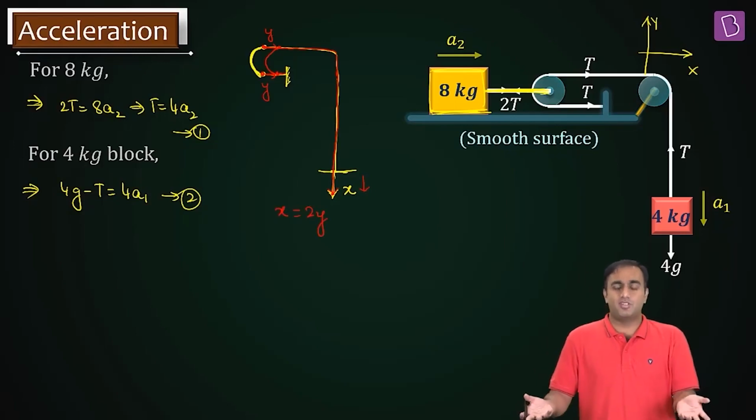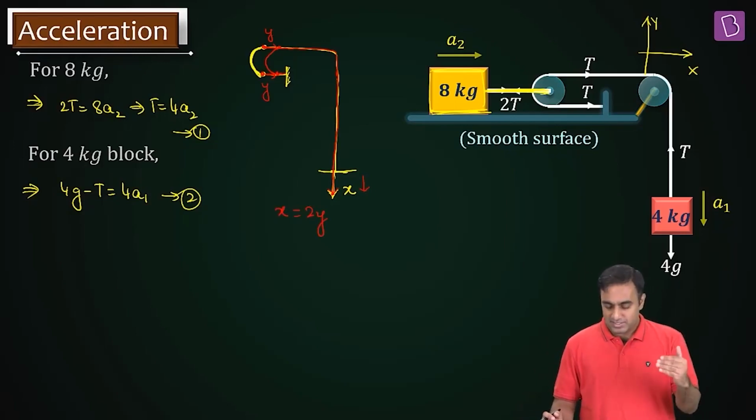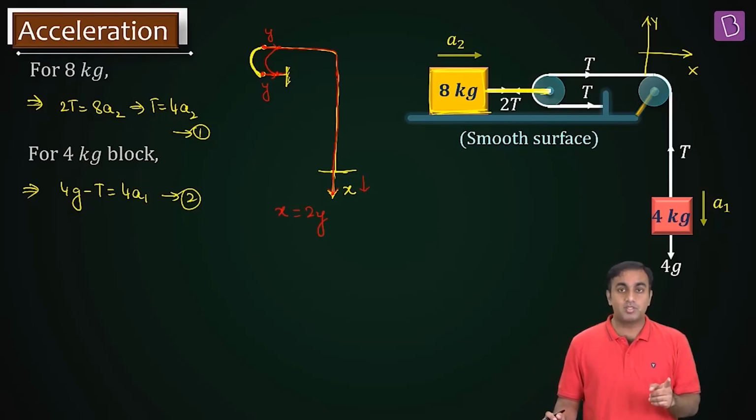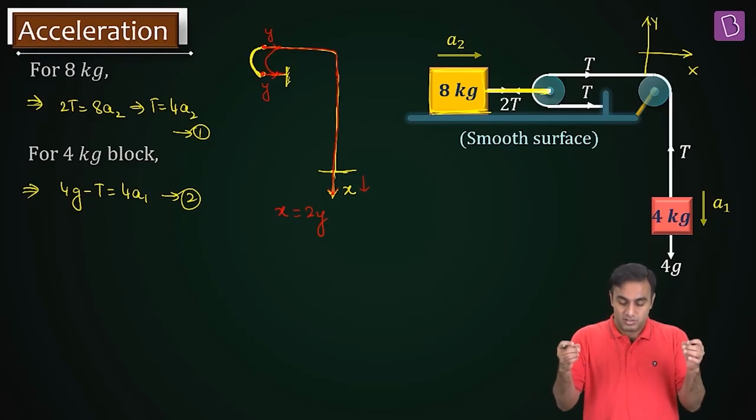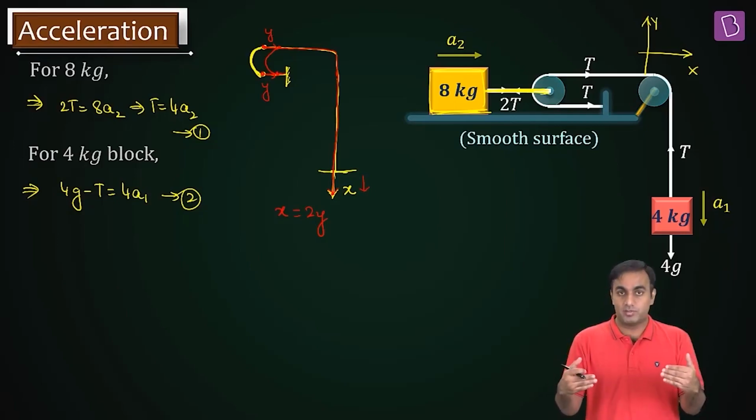How is this helpful? Simple. x is the distance moved by the 4 kg block and y is the distance moved by the movable pulley. The movable pulley and 8 kg block are connected by a string. So the distance moved by the movable pulley is also the distance moved by the 8 kg block. So we have got a relation between the displacement of the 4 kg block and the displacement of the 8 kg block.